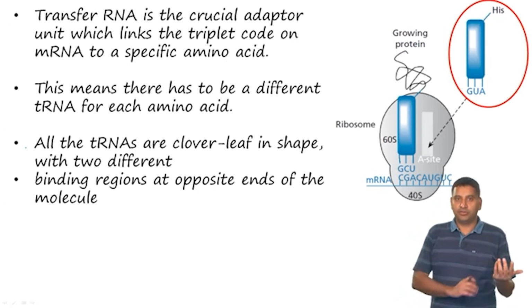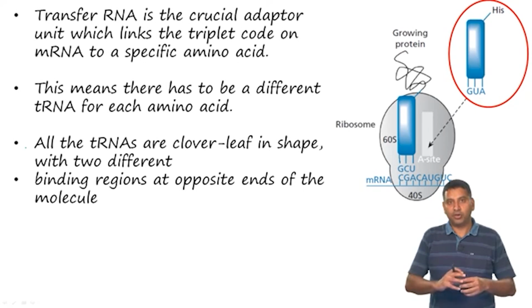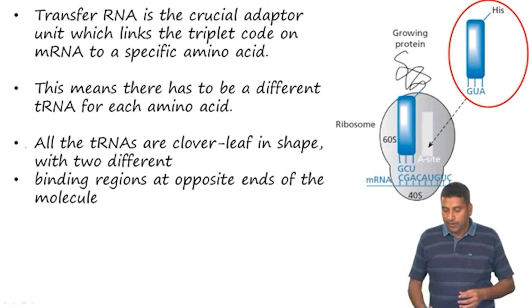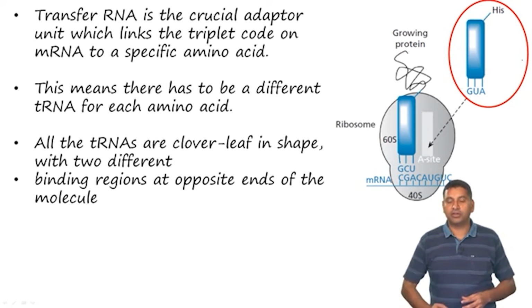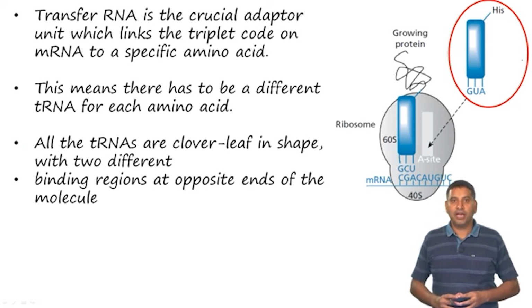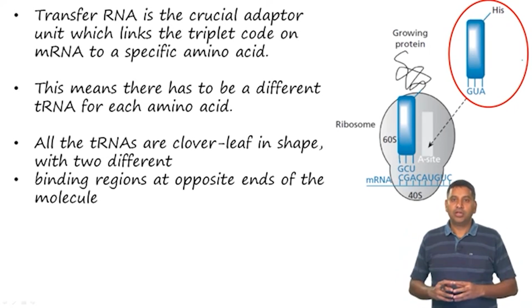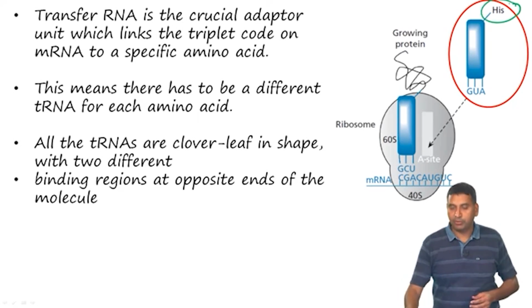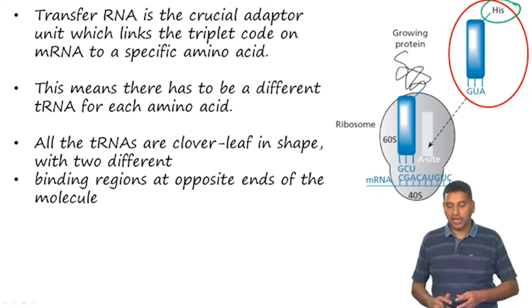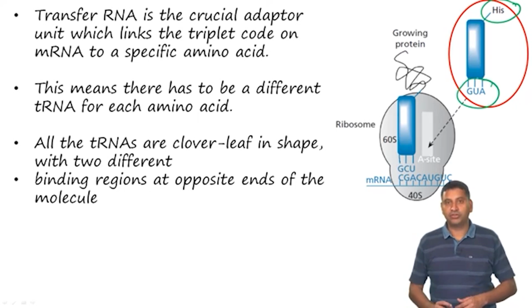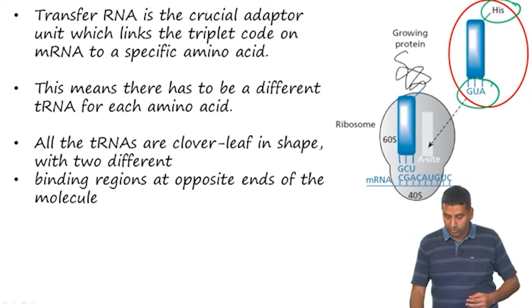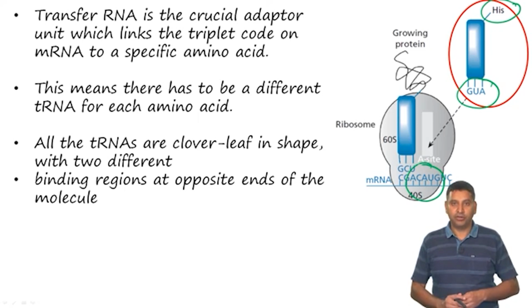Transfer RNA, which is the third kind of RNA, is an important player in this, and as you can see here, the circled structure is the transfer RNA, and the transfer RNA links the triplet code on the mRNA to a specific amino acid. So, this tRNA has attached to it an amino acid, in this case histidine, and it has a code which is complementary in nature to the binding site here.